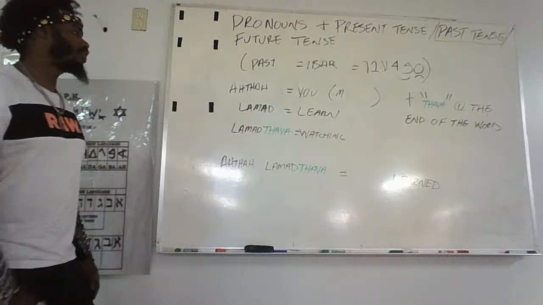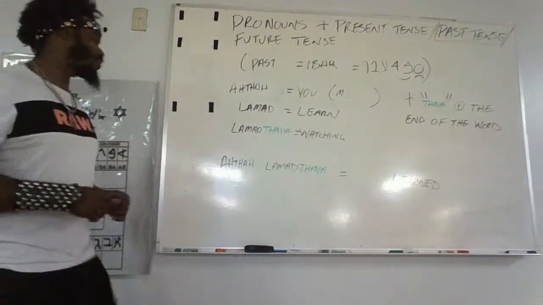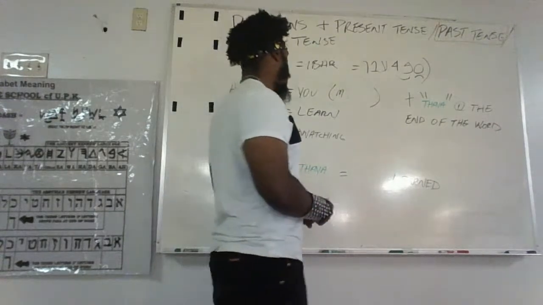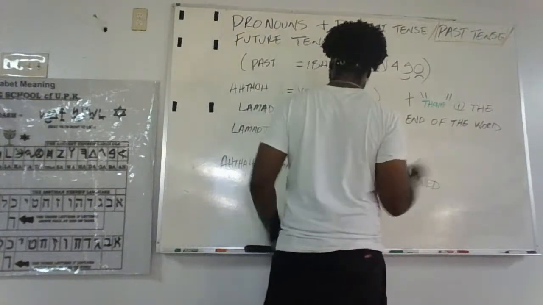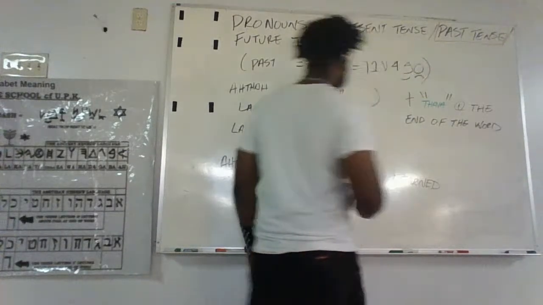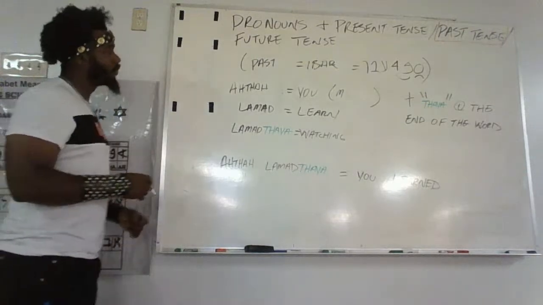All right. You're just going to add a thaya at the end of the word. So the sentence would be atha lamad thaya, which means you learned. Talking to a man. All right. Okay.